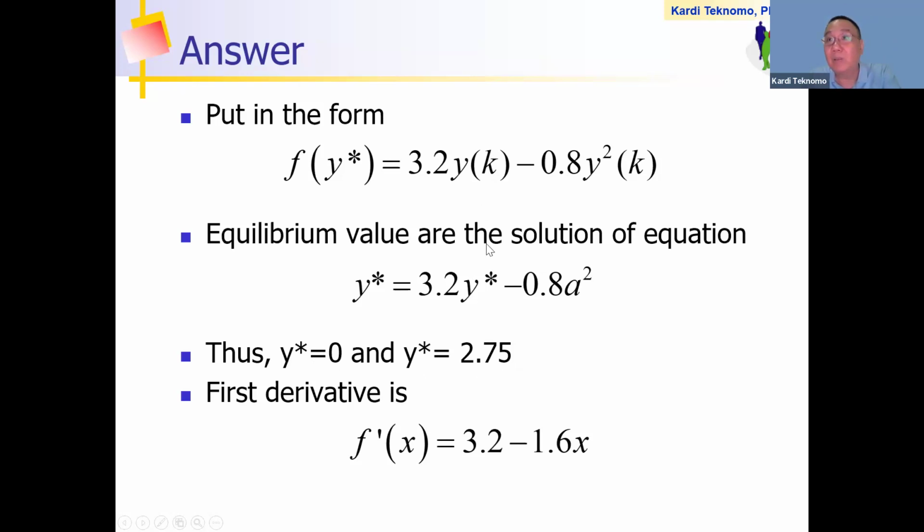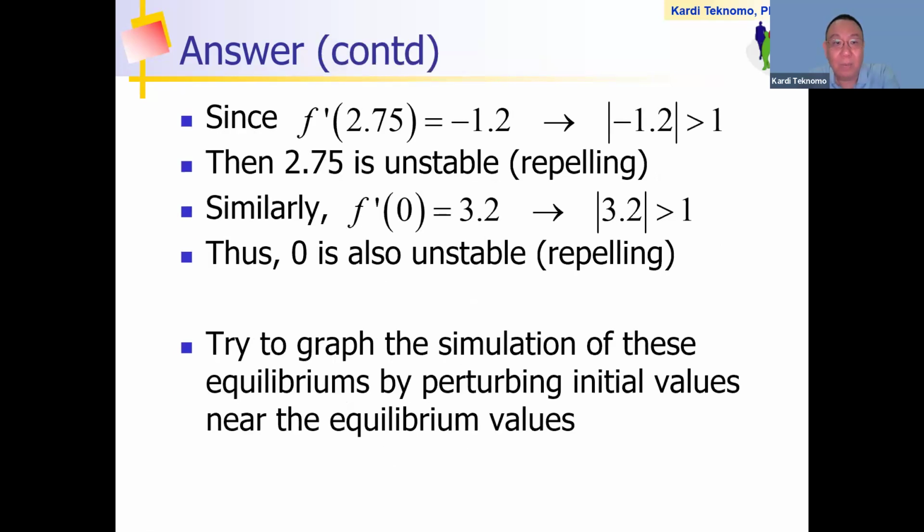2.75. If you look at this, the first derivative is 3.2, and then the 2 here put down, becomes 1.6 of x. So this is the first derivative. If you put y star into the first derivative, then you can get the answer, whether it is stable or not.